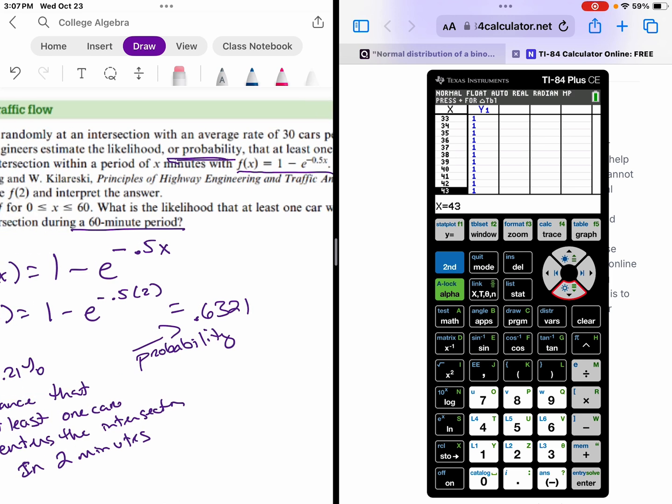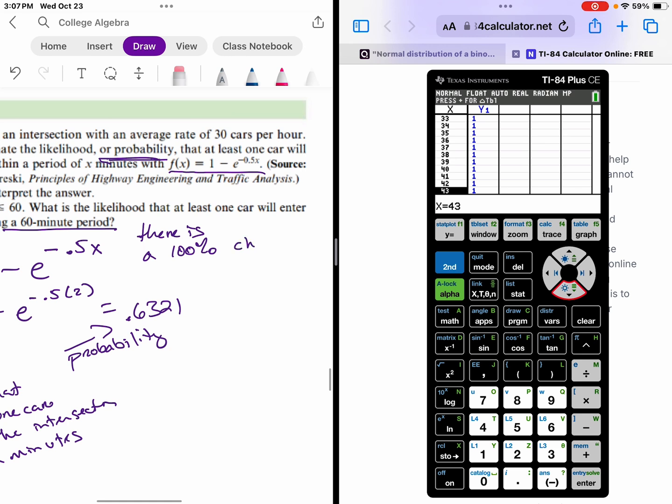We would say that there is a 100% chance or probability at least one car will enter the intersection within 60 minutes.